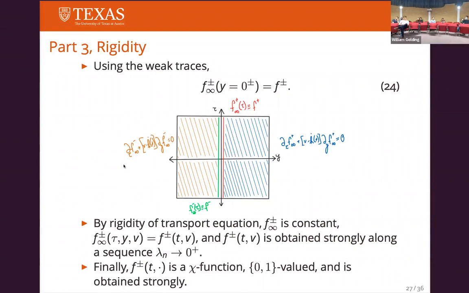So if you have a transport equation with constant initial data, your solution better be constant. And so this is a rigidity result that lets us say, all right, my blow-up limit at plus minus infinity is actually a constant function that's the weak trace at the right point.